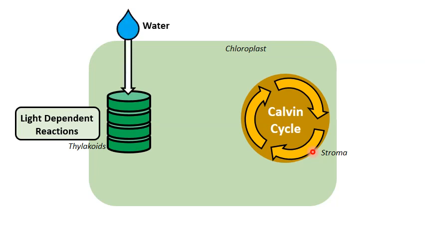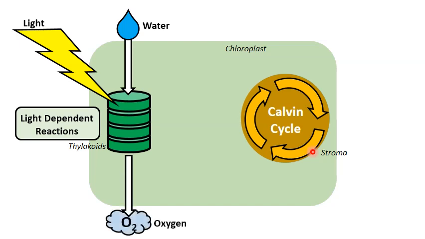So in the light-dependent reaction, water moves into the thylakoids, and light bombards the chlorophyll in those thylakoids, releasing some electrons. In the process, that water is split and oxygen is released as a waste product. But in those gathering of electrons, it's used to create two different energy molecules.